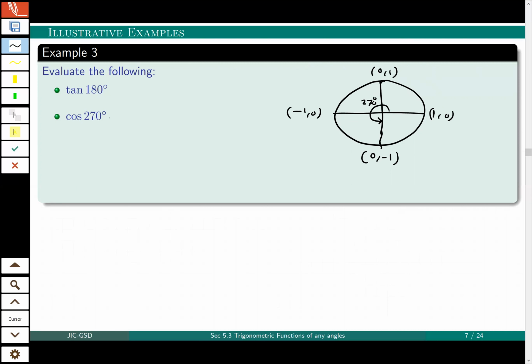So when we say cosine 270, this is x, that's y. So cosine is x over r. And remember, at 270, r is equal to 1, so x is equal to 0, so that will be 0.